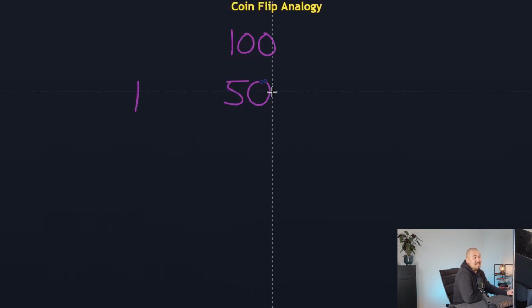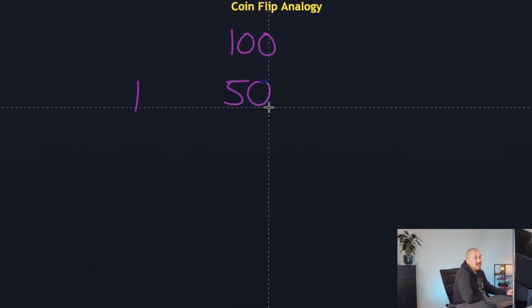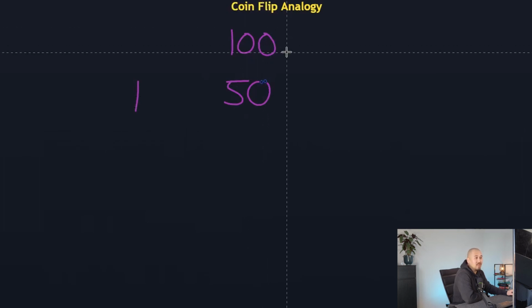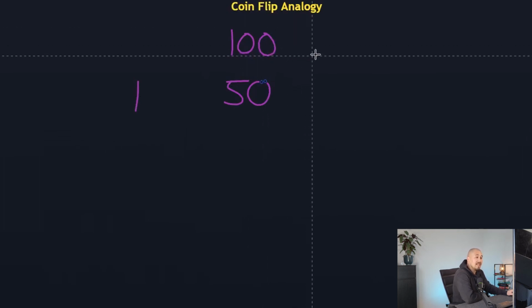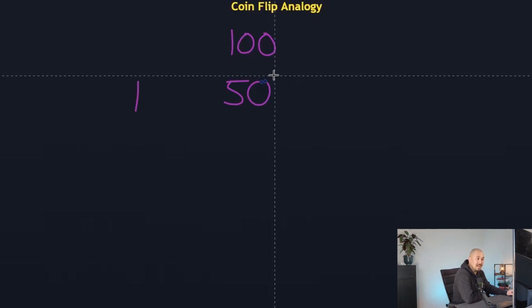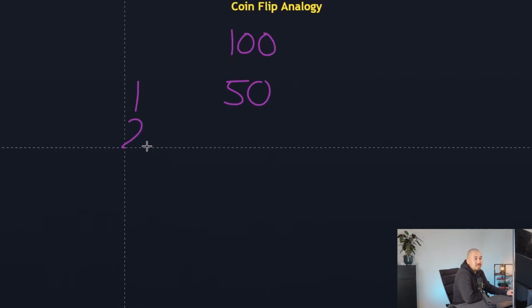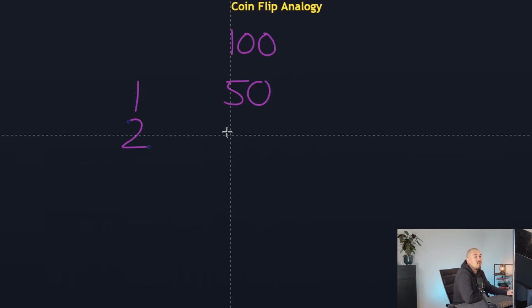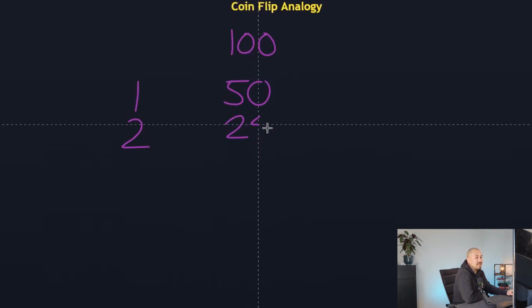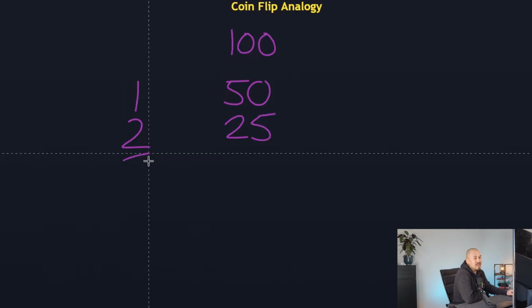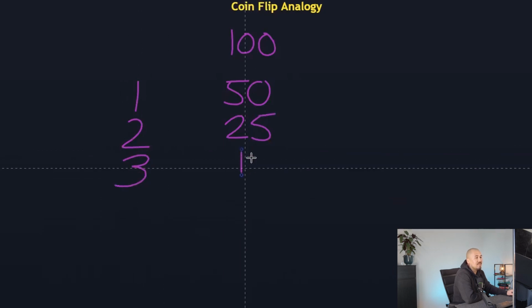Now, this number doesn't necessarily need to be exactly 50. There are worlds where all 100 people get heads. It's extremely low probabilities that that does happen, but it is possible. Now, in round two, let's say out of these 50 people, roughly 25 would be standing up. In round three, out of those 25, there'll be about 12 or 13.